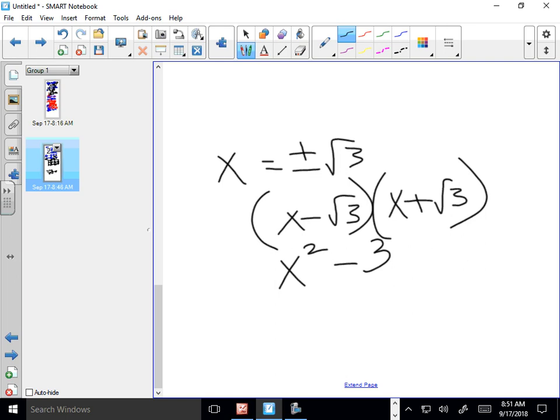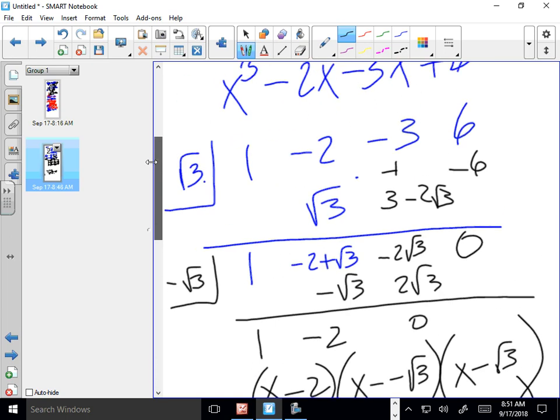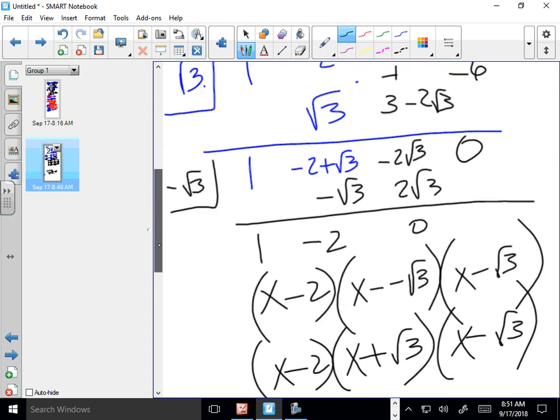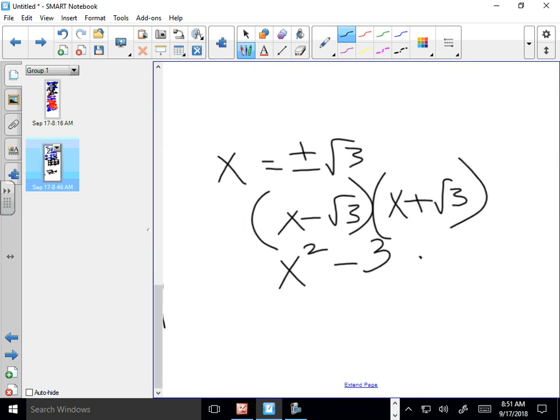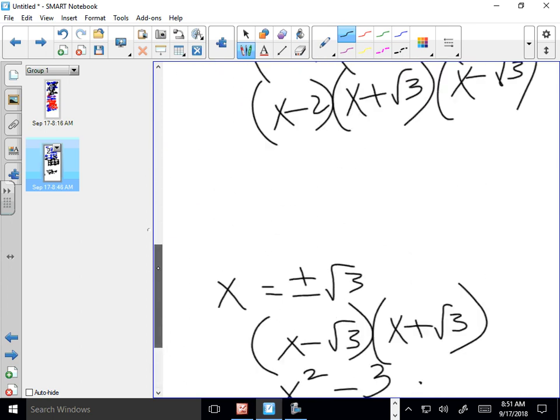So here's my suggestion. Use this with long division. If you don't want to do these two irrational synthetic divisions, one after the other, use long division with this x squared minus 3.